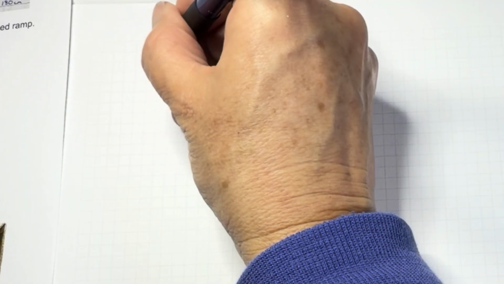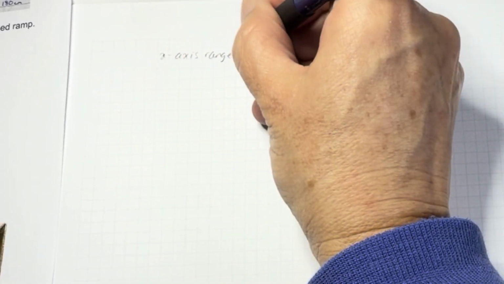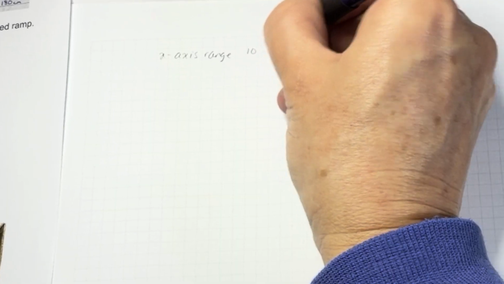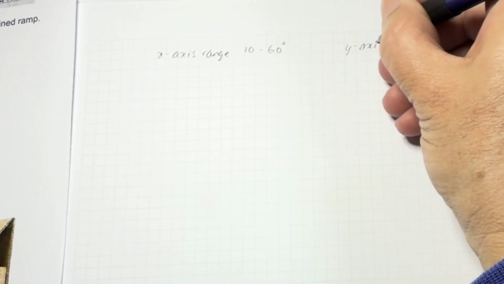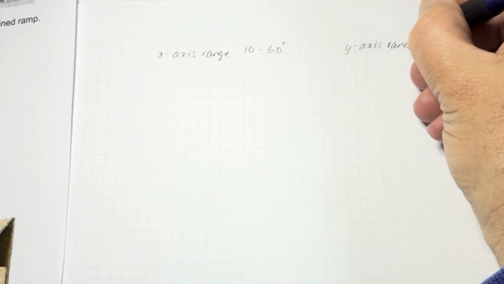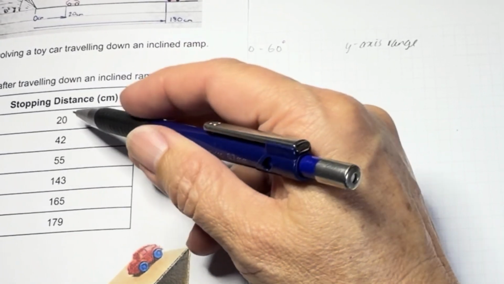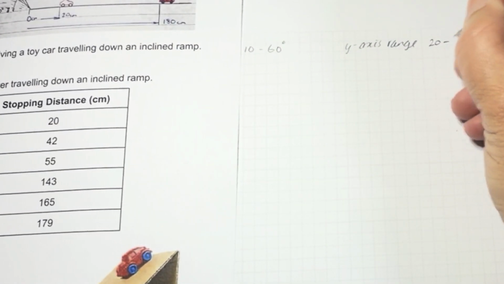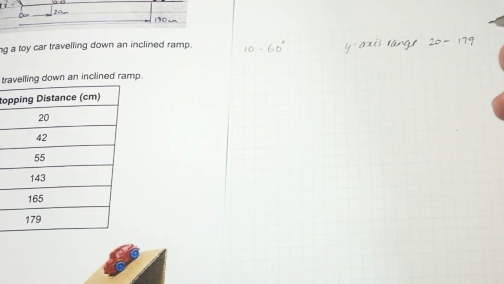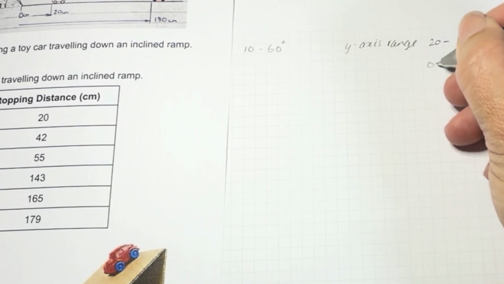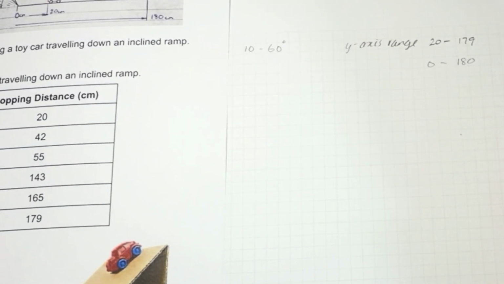So x-axis range is 10 to 60 degrees, and our y-axis range from the data is about, we can say it's 20 to 179, but we want nice round numbers, so we can make an axis that goes from 0 to 180, and that would cover it.